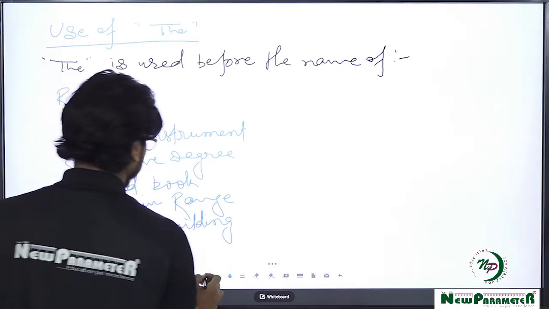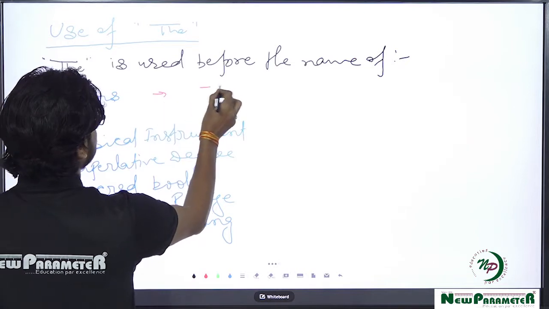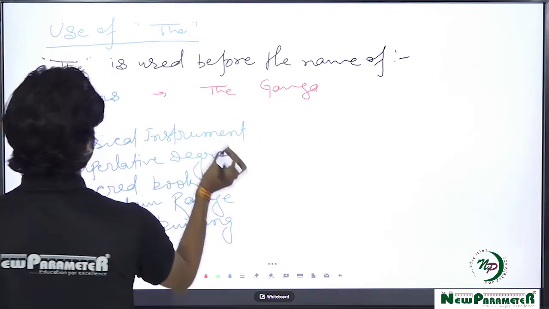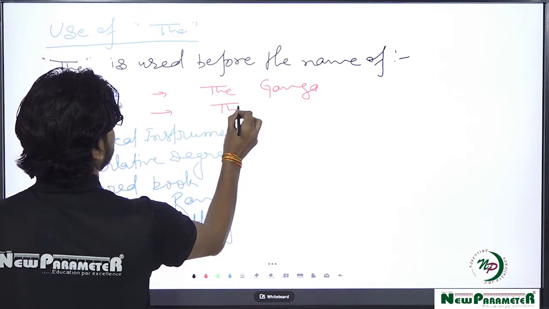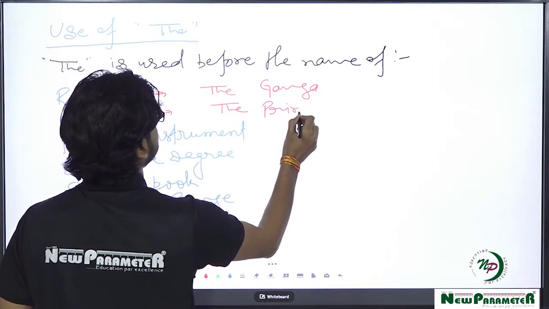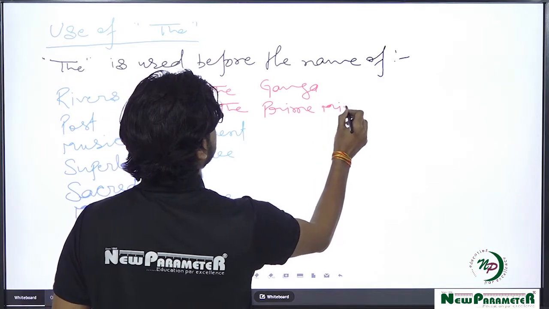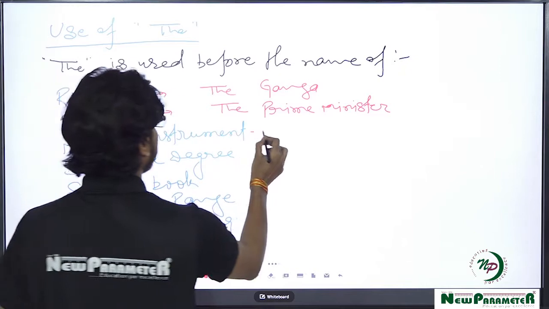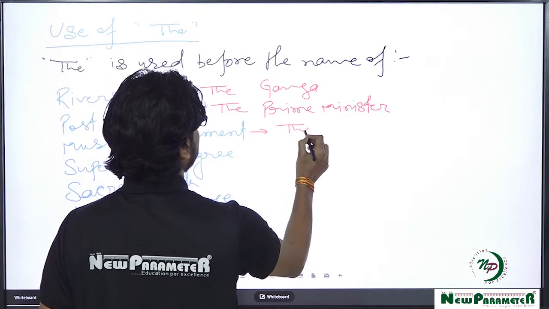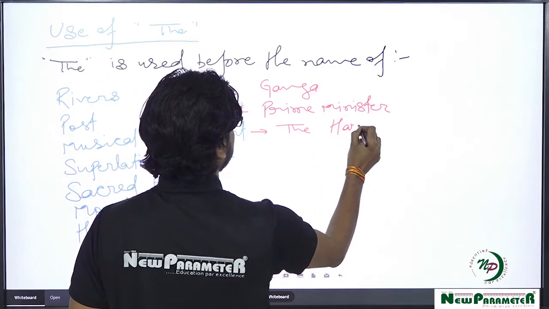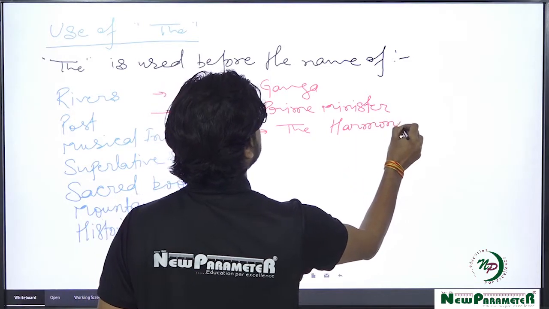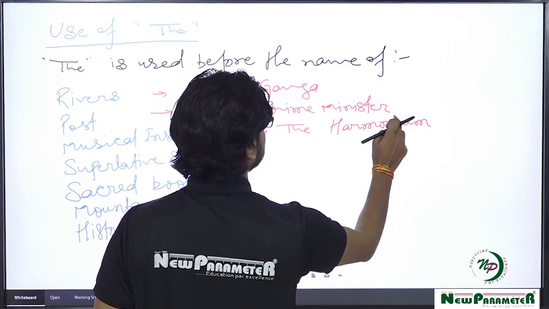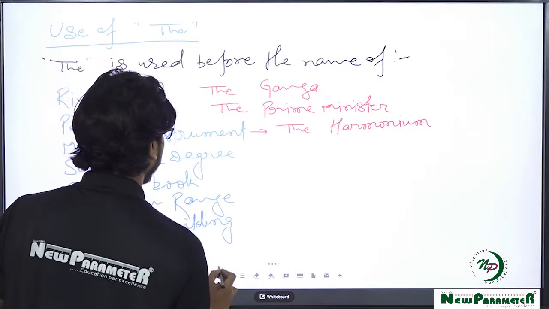Say for example, the Ganga, the Prime Minister, musical instrument, the harmonium, the harmonium.